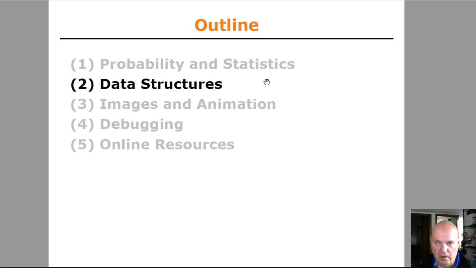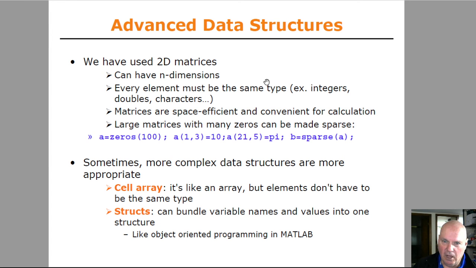Just be aware that Octave and MATLAB do support a couple of other types of data structures. Here in the slides, it mentions what are known as cell arrays and also structs. Cell arrays actually can hold any type of data. With our matrix, they all have to be numbers essentially.